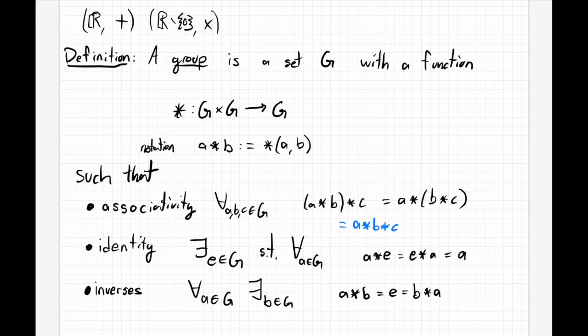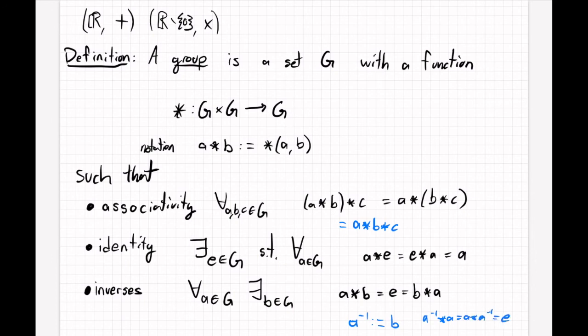So the notation, which is kind of standard for mathematicians, is to use A to the minus 1 for this B. And you read A to the minus 1 as A inverse. So A inverse times A equals E. So if I were to write that, it would be A inverse times A equals A times A inverse equals E.